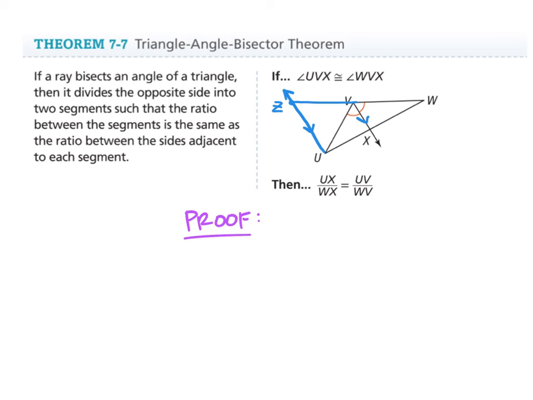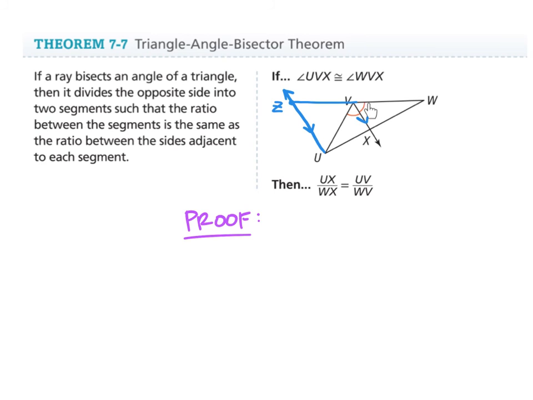I'll label the point where it meets as point Z. So now I have two parallel lines, and a few transversals going across those parallel lines. Now, when I have parallel lines crossed by a transversal, I have some angles that are congruent.